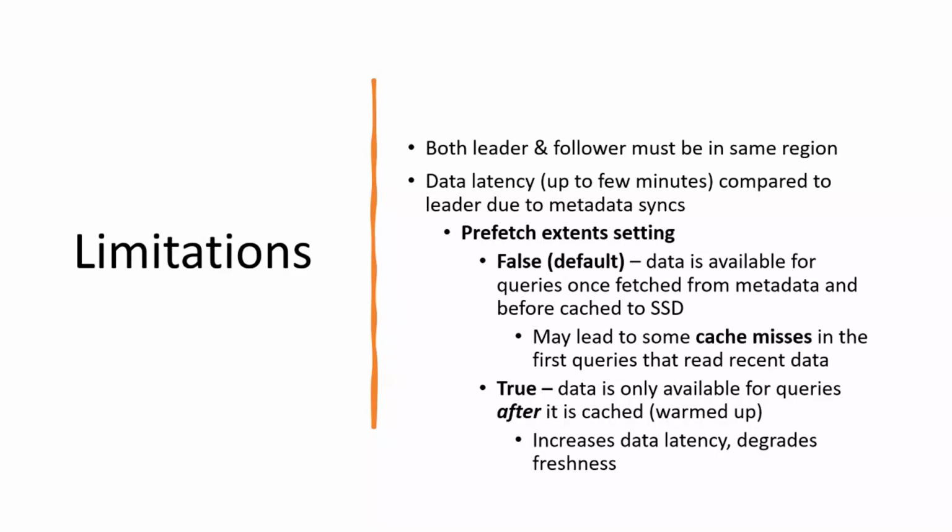That means the cluster with the follower was seeing the new data and already making it available for query, and then some queries would have seen the metadata was already available, but the data was not cached yet on the follower. That caused some performance issues.